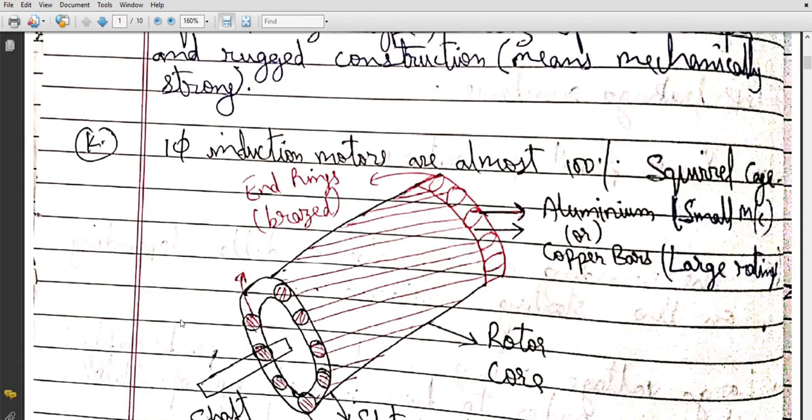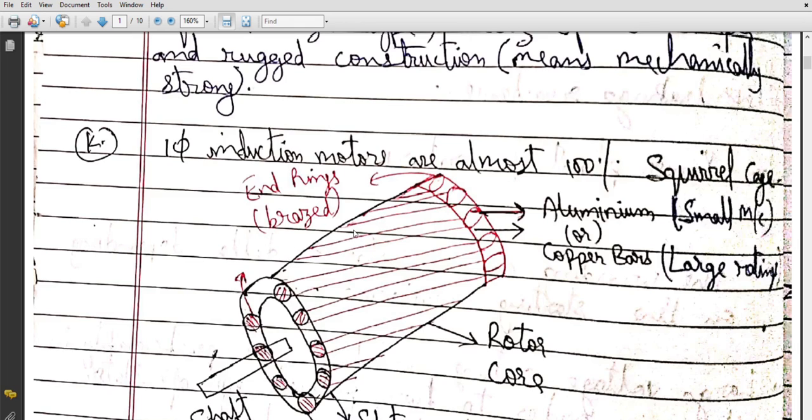This is the diagram of your squirrel cage induction machine. It is a very simple, straightforward diagram. Now you can see the rotor structure of your squirrel cage induction motor. In your slip ring induction motor, the rotor was carrying a three-phase balanced winding. But now in your squirrel cage induction motor, the rotor is carrying this cylindrical structure.